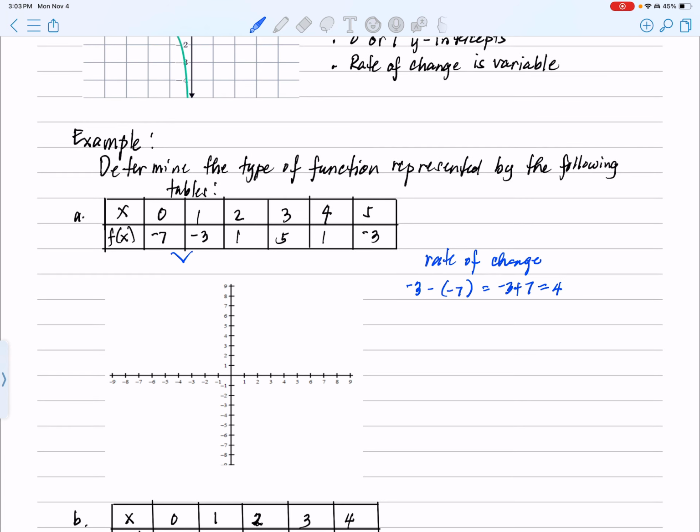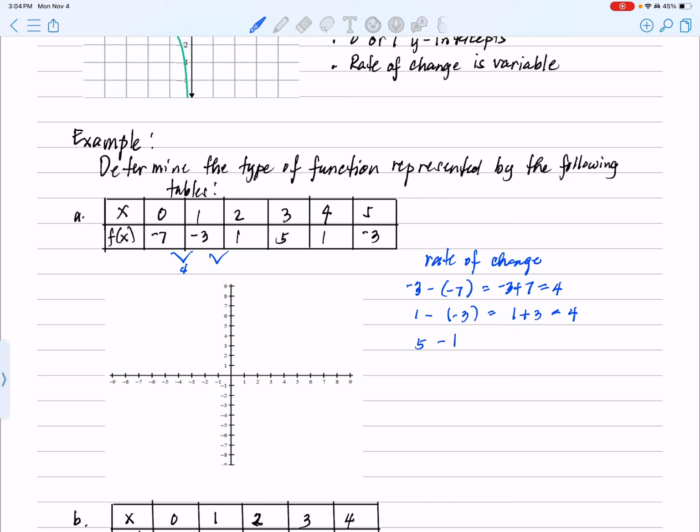Then we have 1 minus a negative 3. So that would be 1 plus 3. You have 4. Then we have 5 minus 1.